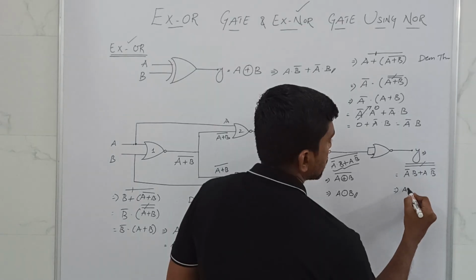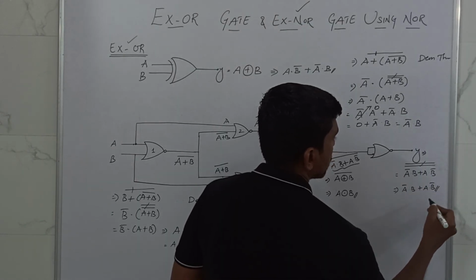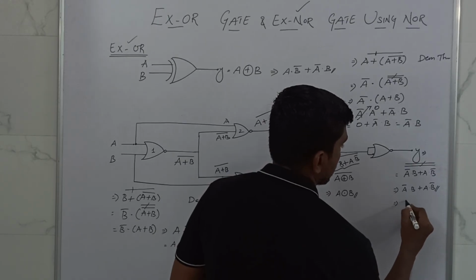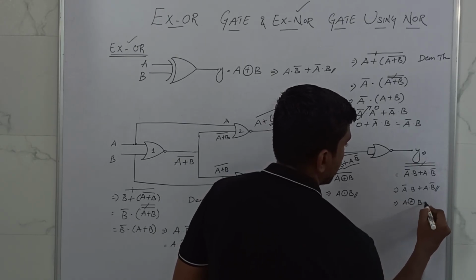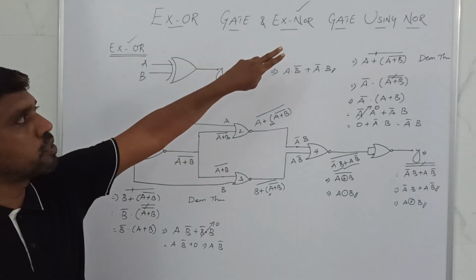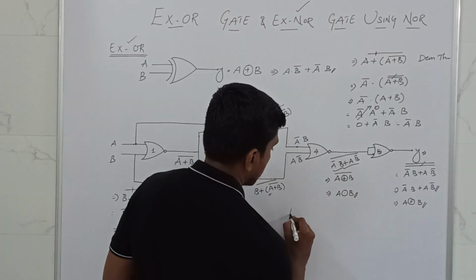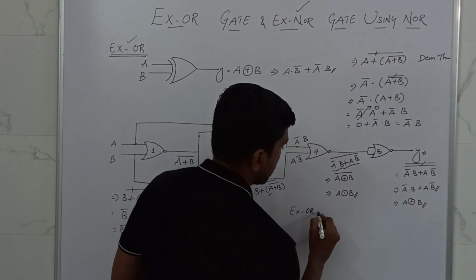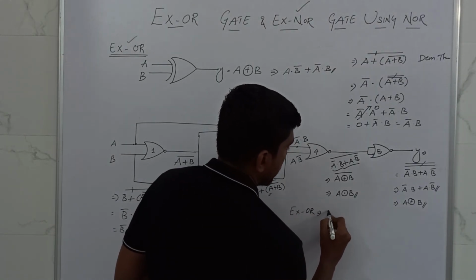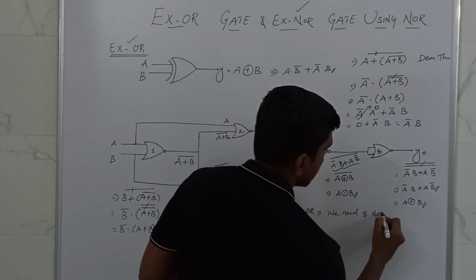You get the final result A bar dot B plus A dot B bar. So it's the XOR operation, A XOR B. If you need to design an XOR gate by using NOR gates, you need 5 NOR gates.